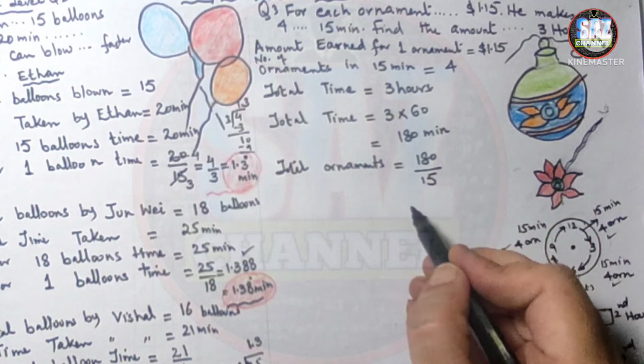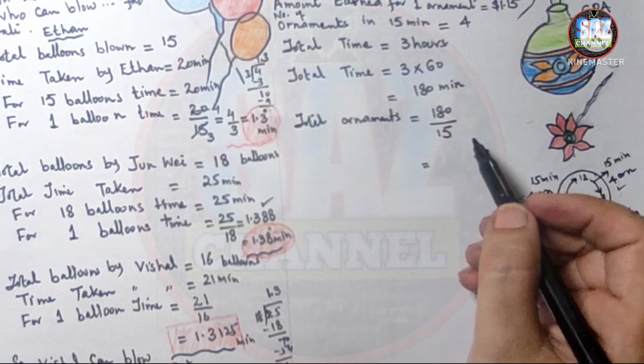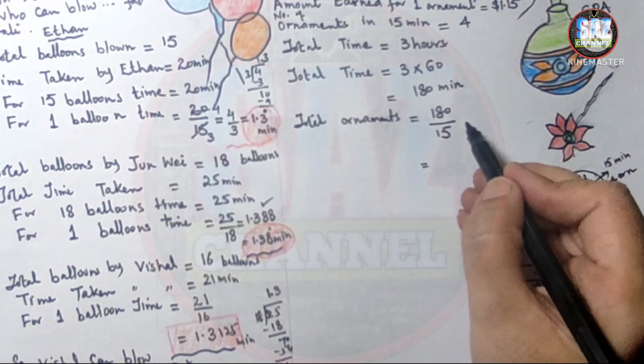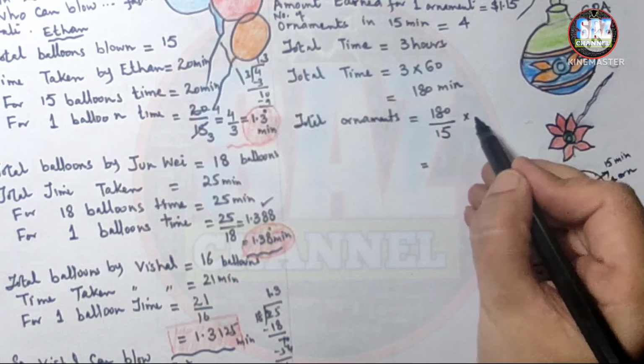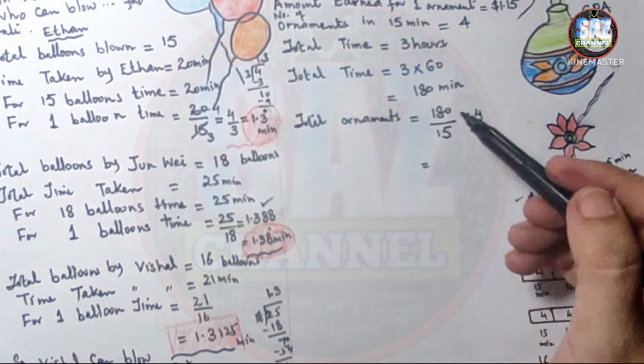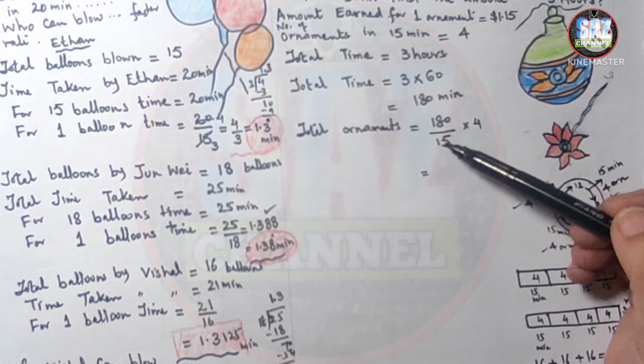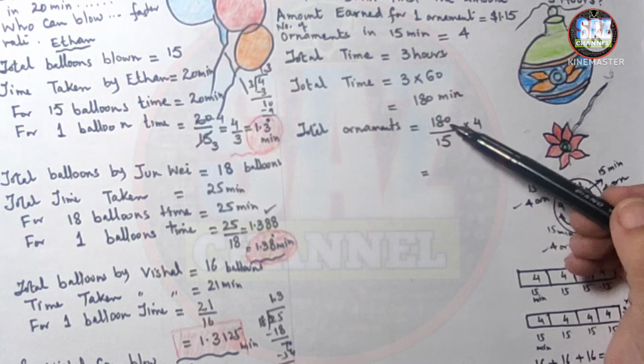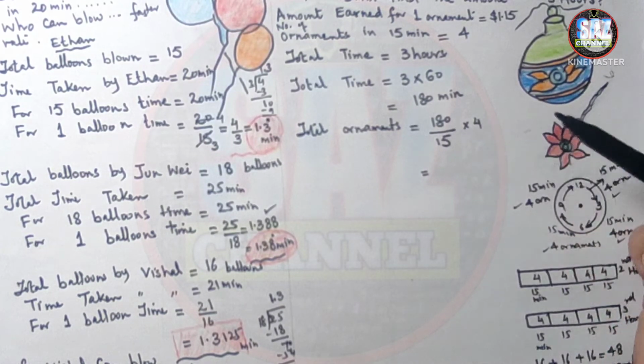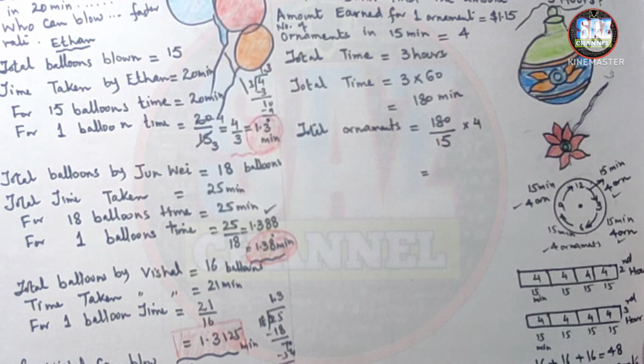Then we have to multiply this fraction by 4 as well. And why are we multiplying this? This 180 by 15 will tell us how many 15 minute intervals we have in 180 minutes. I hope, students, you are clear why we are dividing 180 by 15 to find how many 15 minute intervals are there in 180 minutes.